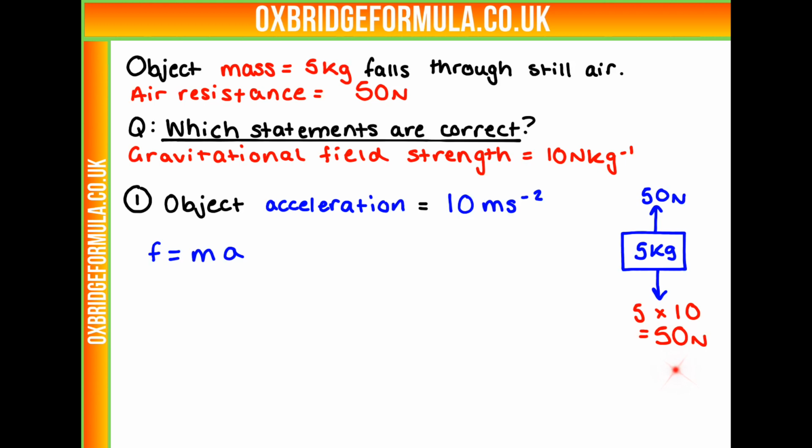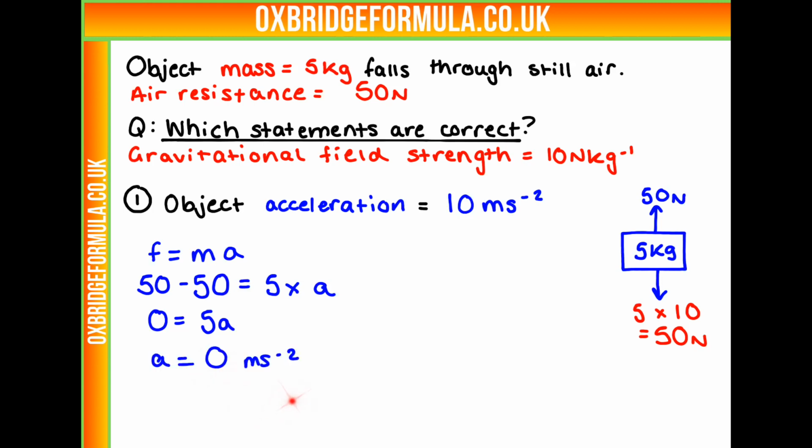That's going to be 50, take away our upward force of 50 to give us a resultant force, and that's going to be equal to our mass, which is 5, times acceleration. So 0 equals 5 times acceleration, meaning our overall acceleration is 0 meters per second squared, not 10. This is an incorrect statement.